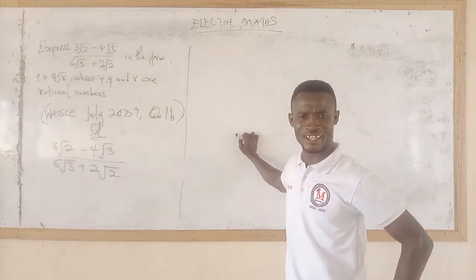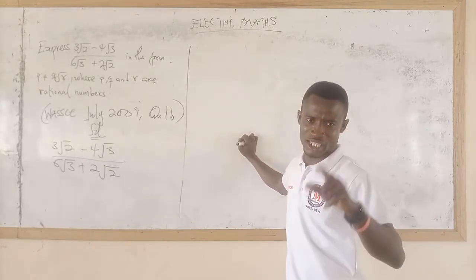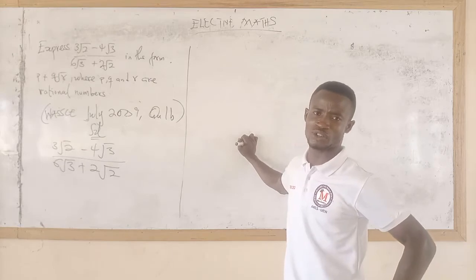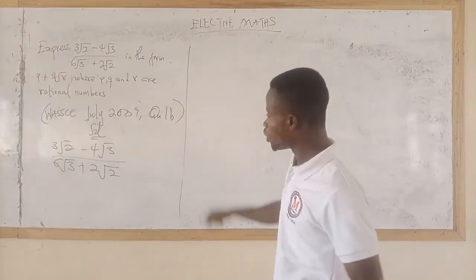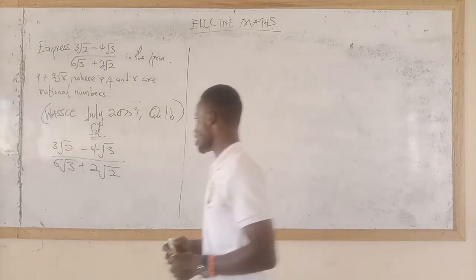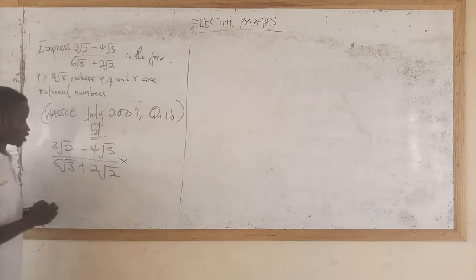It doesn't matter. If you think it's going to help you when you move on to your next level, that's tertiary, you can also rationalize the numerator. But let's go to the normal way, to rationalize the denominator.